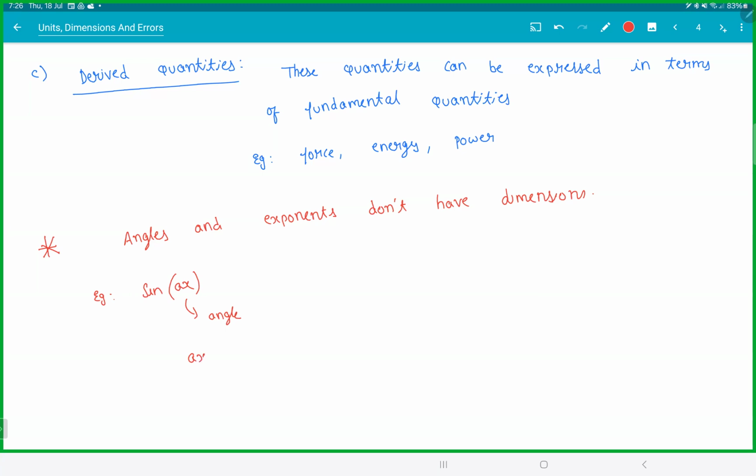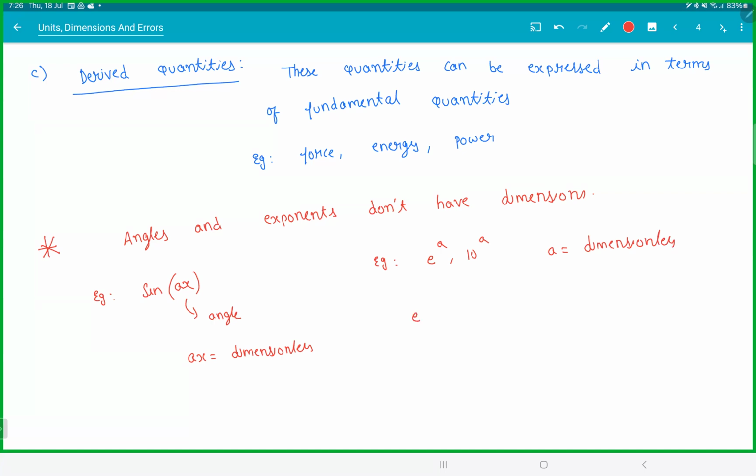That means this ax is dimensionless. So a into x should be a dimensionless quantity. In the same way, if you have something like e power a, or let's say 10 power a, this a should be dimensionless. The powers cannot have dimensions.